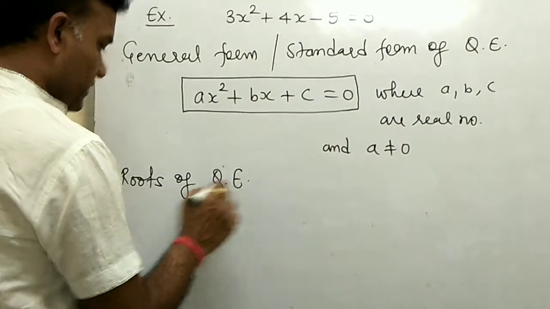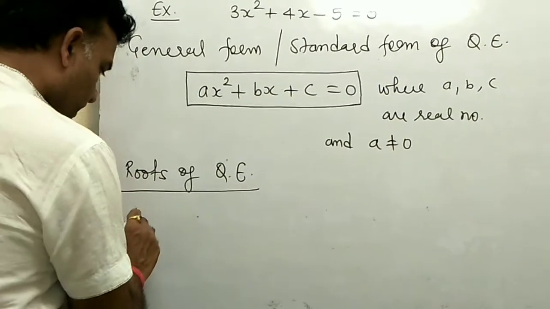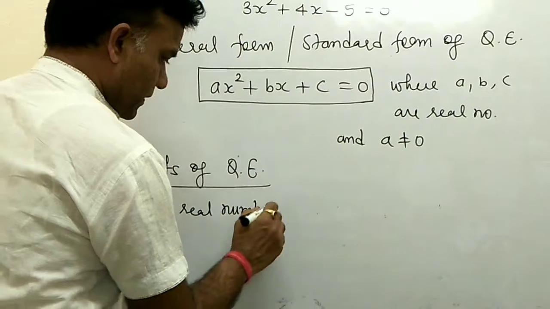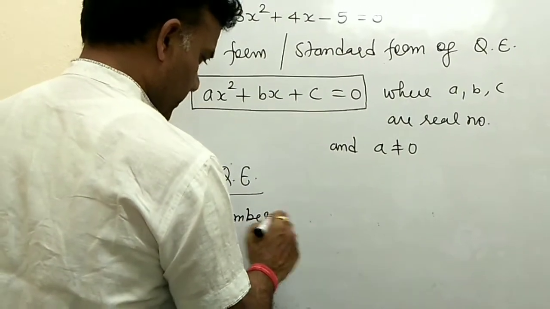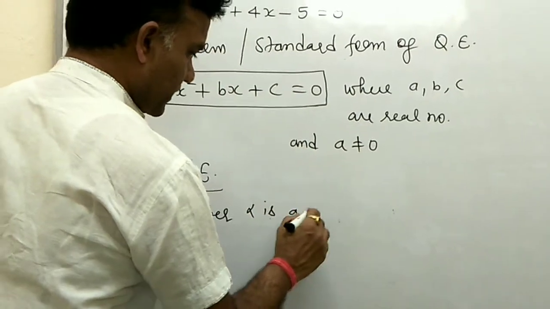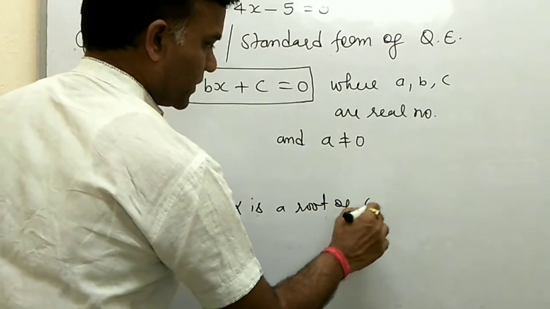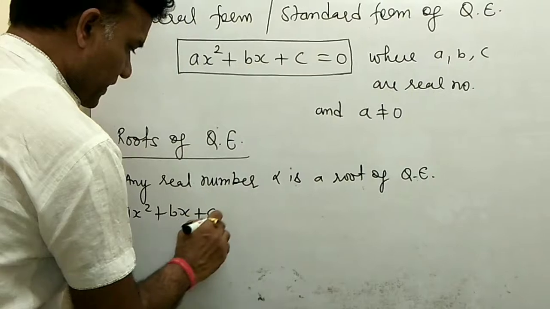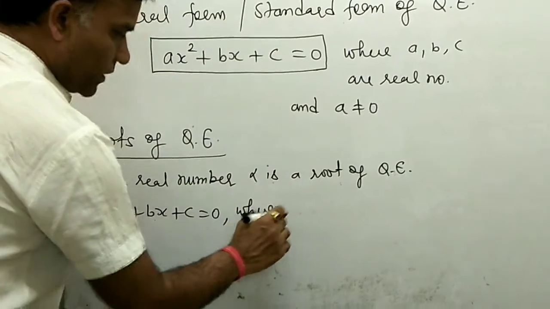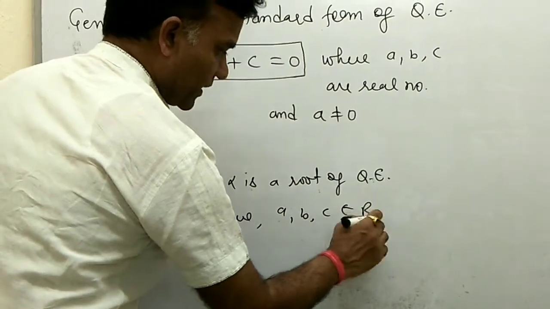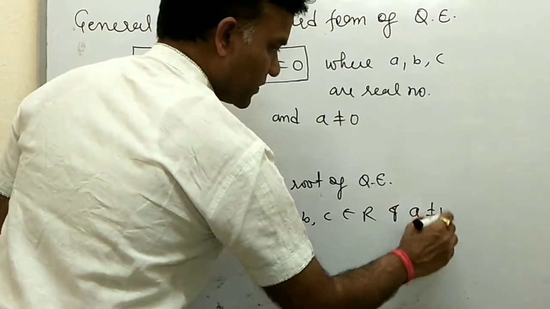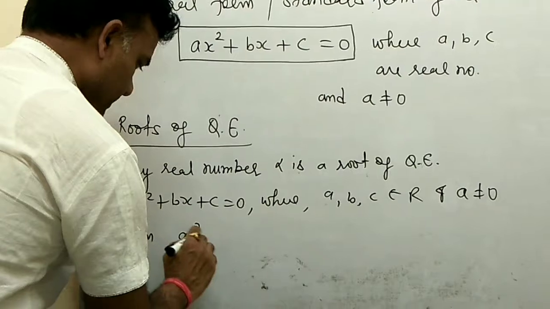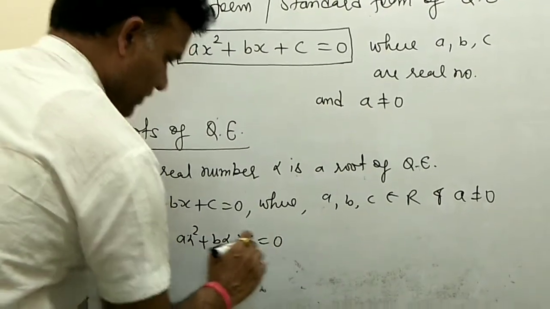Roots of quadratic equations. Okay, so any real number alpha is a root of the quadratic equation ax square plus bx plus c equal to 0, where a, b, c belong to real numbers and a is not equal to 0, if a alpha square plus b alpha plus c equal to 0.